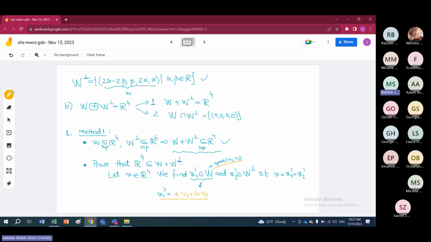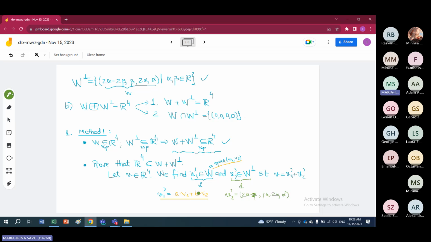And then you will have to use the fact that W perpendicular has this form. So knowing that V2 prime is in this space will lead you to the conclusion that V2 prime is actually a vector having this form, 2 alpha minus 2 beta, beta, 2 alpha, and alpha.